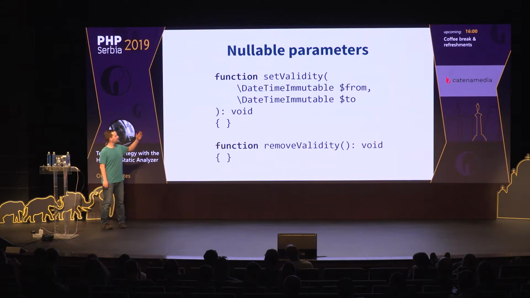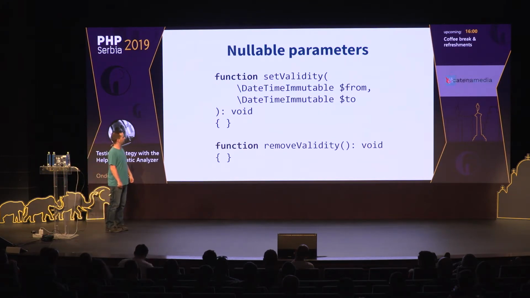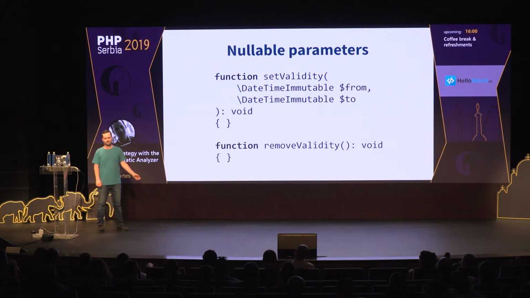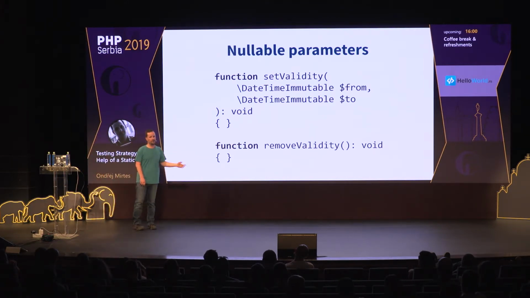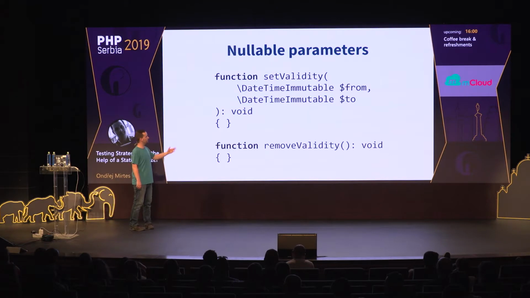So we have setting the dates and we have removing the dates as separate methods. And this is a really good idea, because you gain the benefit that this can be verified statically, if we are calling the methods correctly. And you don't have to have any additional runtime check inside the method, and you can save some time during testing.